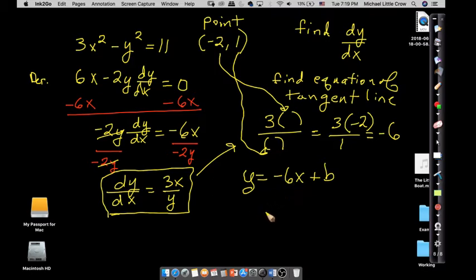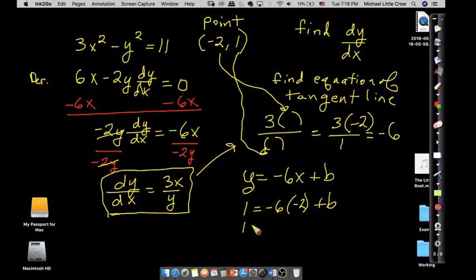And so, again, for a second time, we plug in 1 for y, we plug in negative 2 for x, and then we solve for b, we'll have our y-intercept, and that way we'll have our equation. So this is all algebra. At this point, it's not calculus. So what do we end up with?